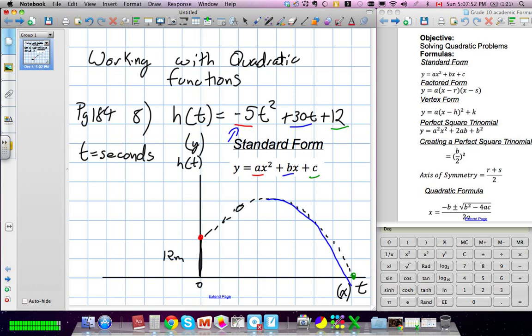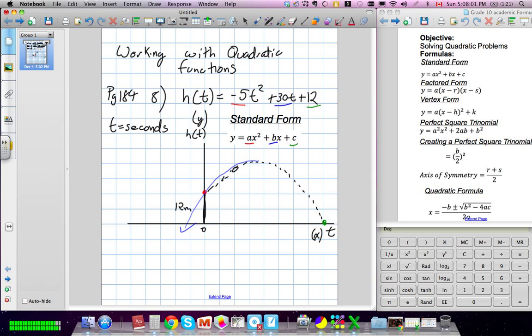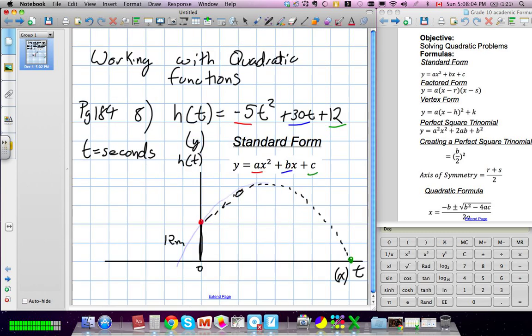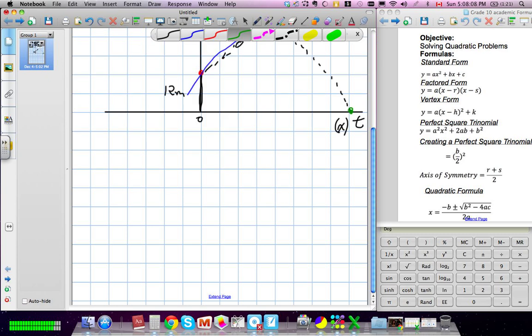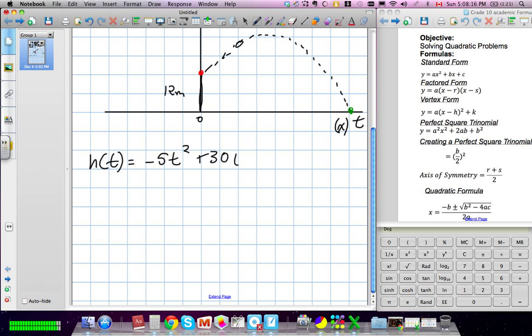Okay? So we're going to take that equation, h at t is equal to negative 5t squared plus 30t plus 12. Now we're looking for an x-intercept. So what can you tell me about the coordinate of an x-intercept? What will the y value of an x-intercept be? 0, that's right.